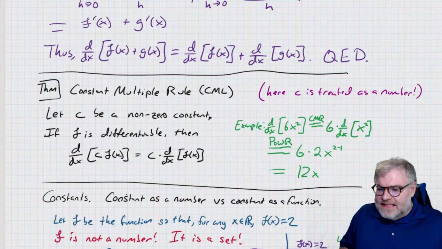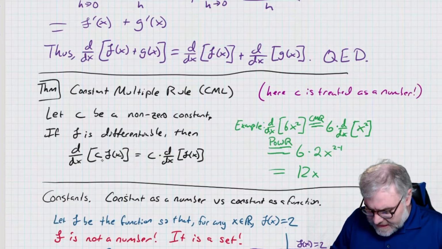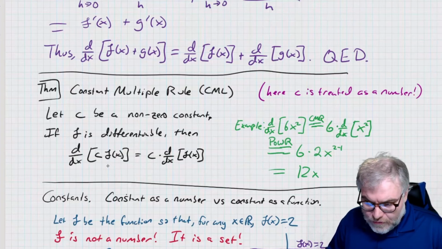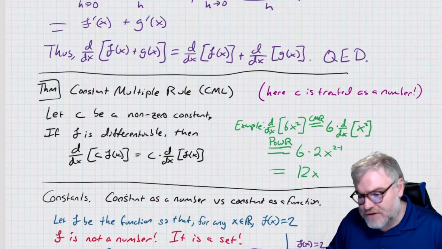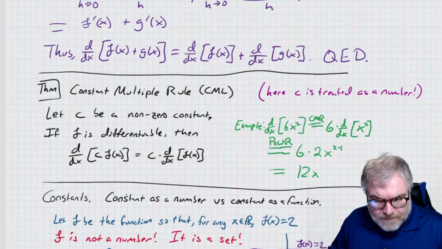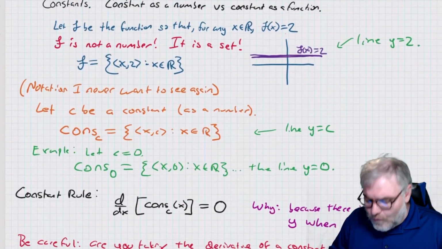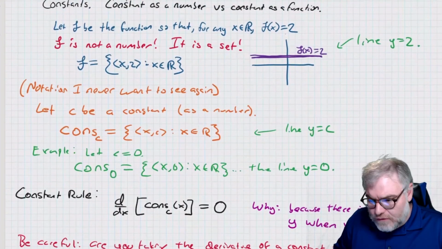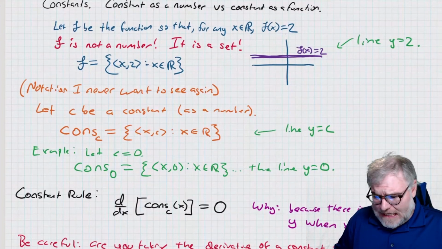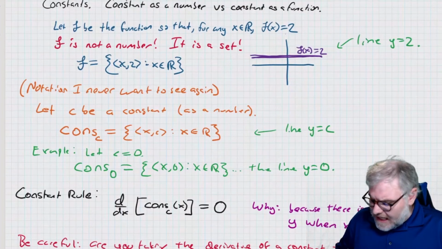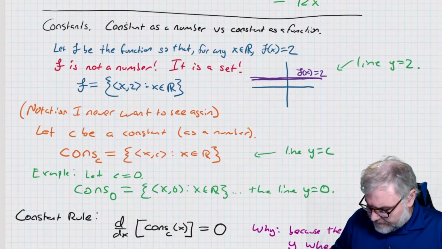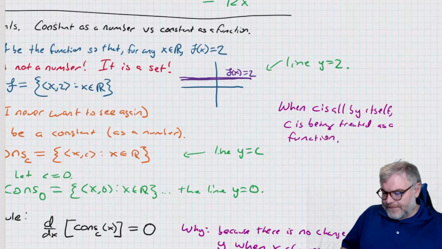Okay, so when I take the derivative of something times f of x, don't go 0 times f of x. No. This is c times the derivative of f of x. Here, the constant is being treated as a number. Here, when I've got a constant all by its lonesome, all by itself, it can't survive all by itself. Again, a c cannot survive all by itself because then you're treating it as a function. Okay?